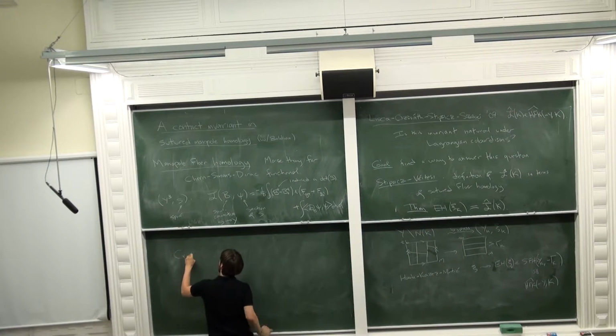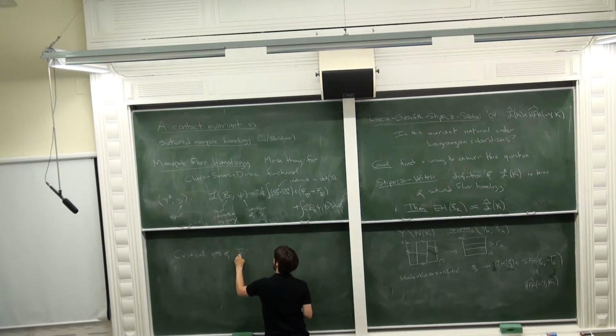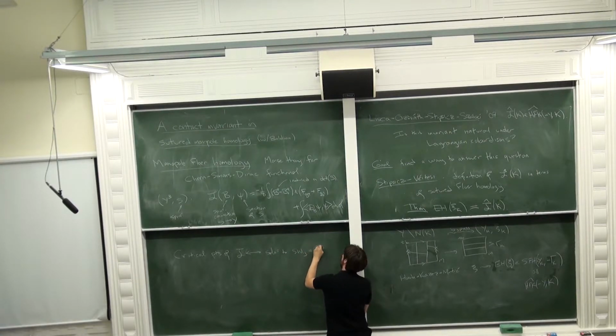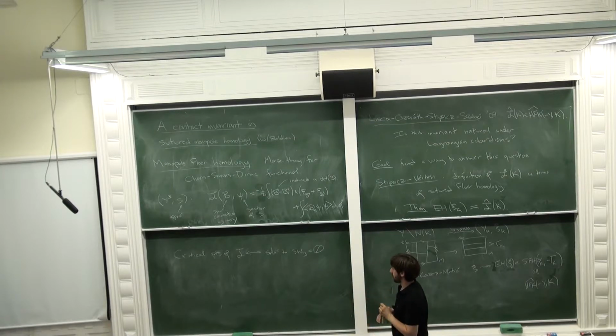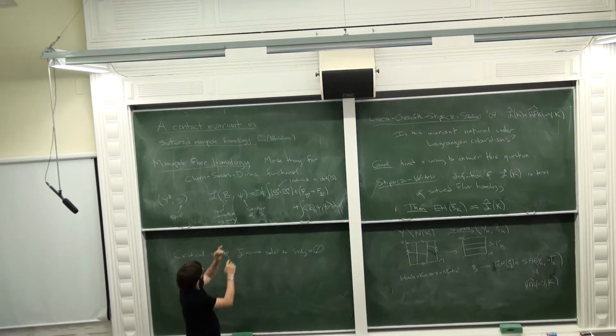So critical points of L are solutions to the Seiberg-Witten equations, which I want to write down on a three-manifold, and gradient flow lines of the Chern-Simons-Dirac functional also.